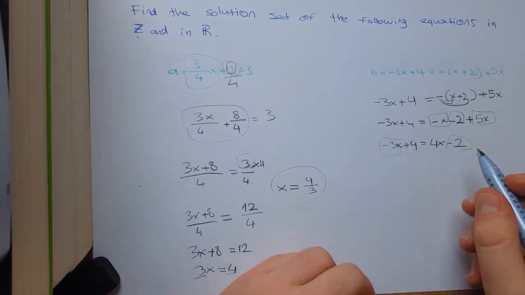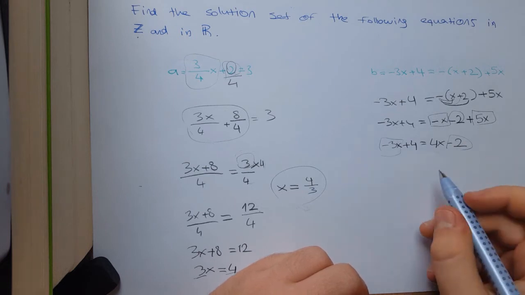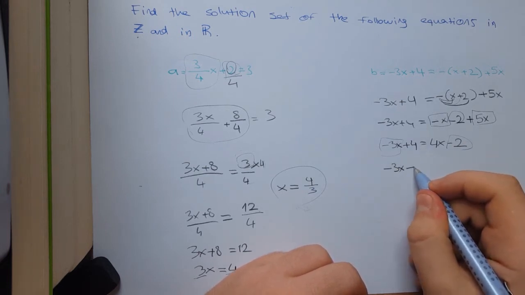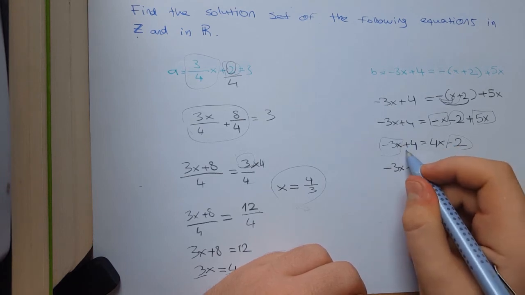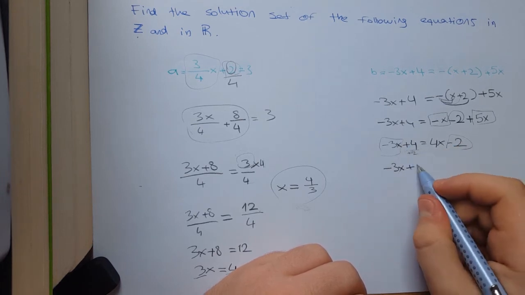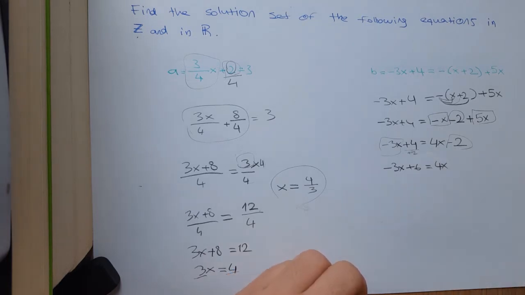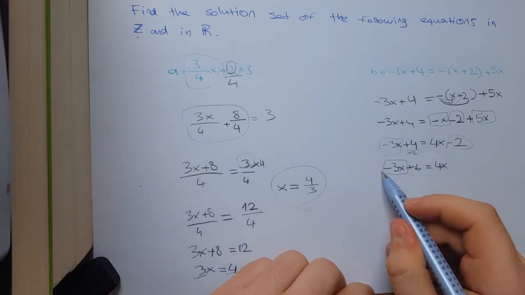Let's start with minus 2. We should add 2 to each side and the result is minus 3x plus 6 because we add plus 2, equals 4x.